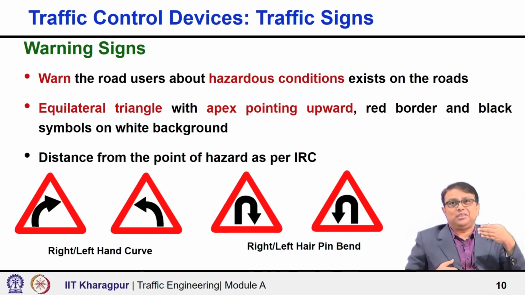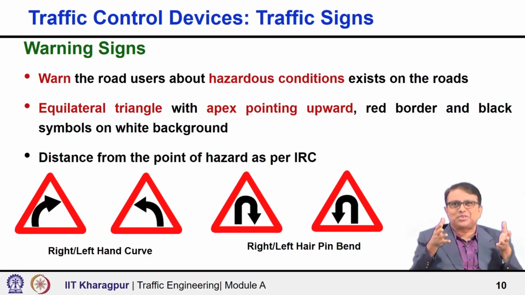Otherwise, drivers see the sign and the speed breaker together, so there is no time for them to react or reduce the speed in advance, expecting such things. So, all these are to be informed to the driver well in advance.